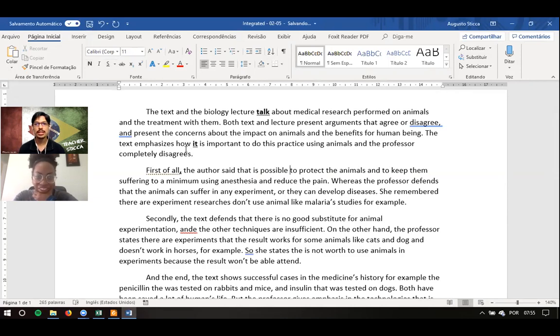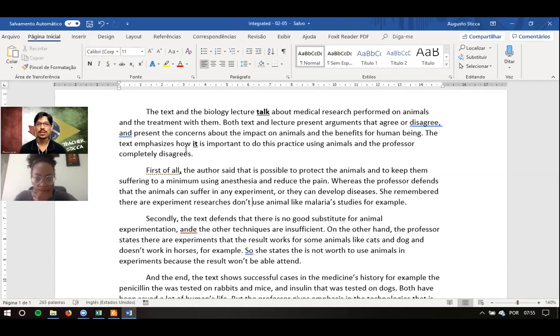The author said that it is possible, but the woman said that it is not possible, but that it can be the subject to protect the animals and to keep their suffering to a minimum using anesthesia and reducing the pain. First argument correct. But the professor defends that the animals can suffer in any experiment or they can develop diseases.